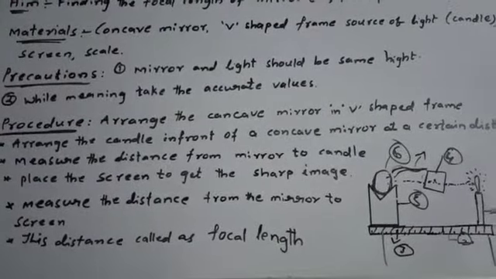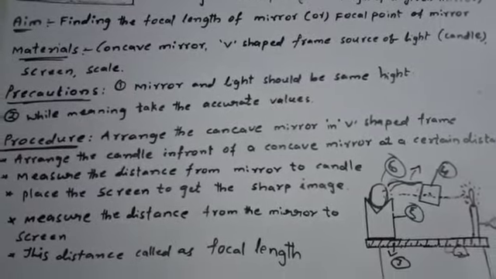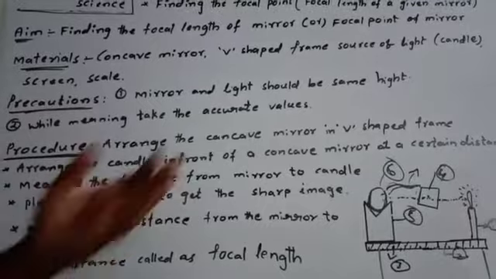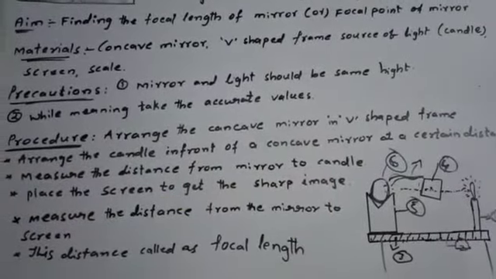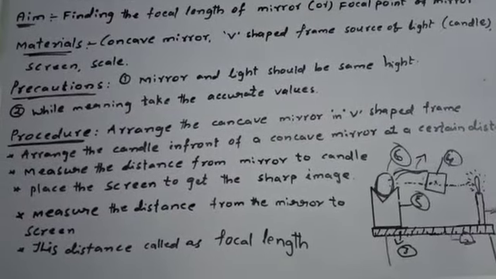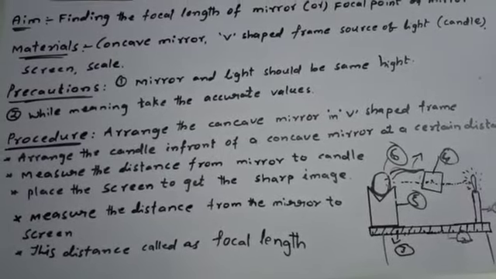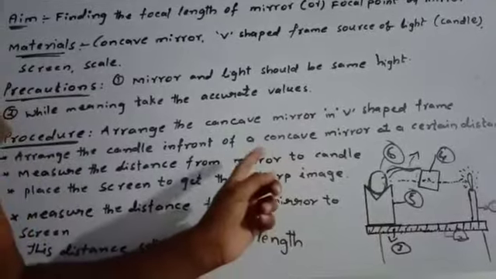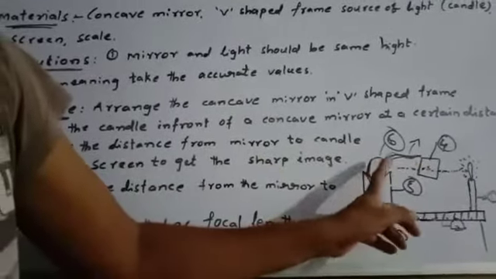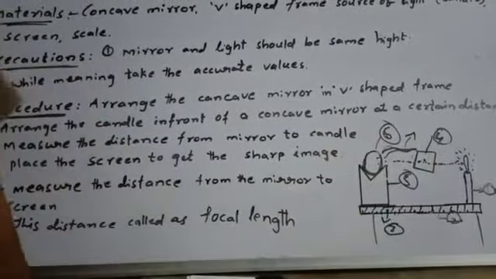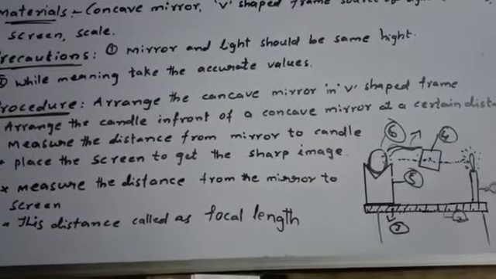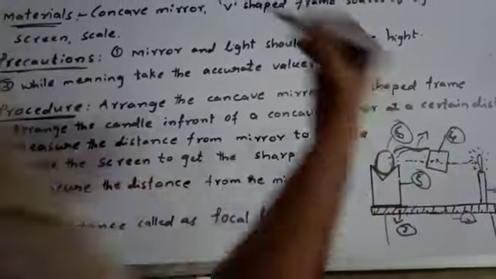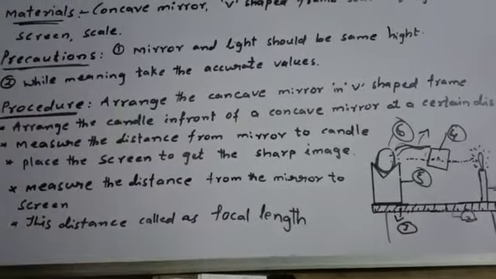Clear procedure. Coming to the observation. In this activity, when we observe, from the mirror at a certain distance we will get a sharp image, and this distance is called the focal length.